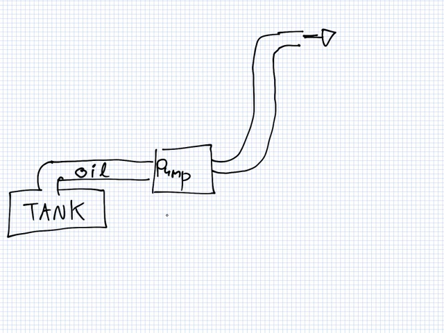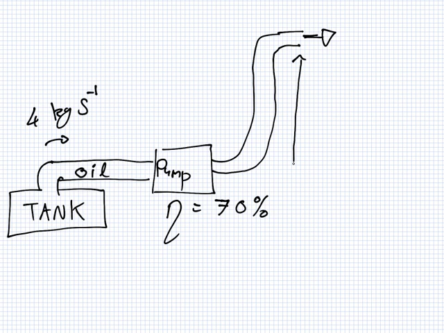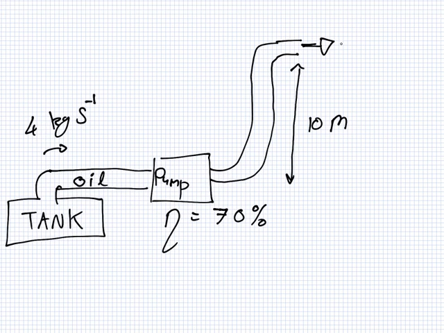And here's the information. I tell you that the pump is, let's say, 70% efficient. The oil comes out at 4 kilograms per second. This distance here is 10 meters, and the oil flows out here at a speed of 3 meters per second.